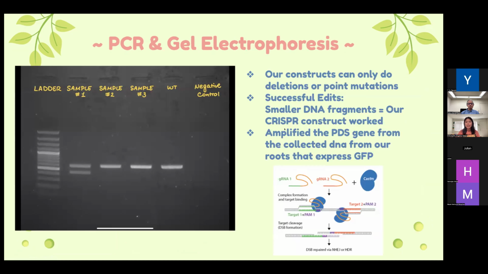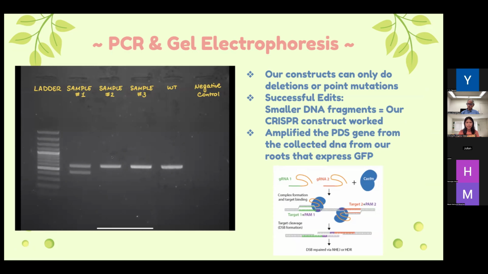Just because we see GFP in the plant doesn't entirely mean that our edits were successfully made. So we then performed a PCR on the PDS gene from the DNA collected from the plants that show GFP. Our constructs can only do certain mutations, deletions or point mutations, meaning that our DNA will get smaller or shorter if the edits were made.